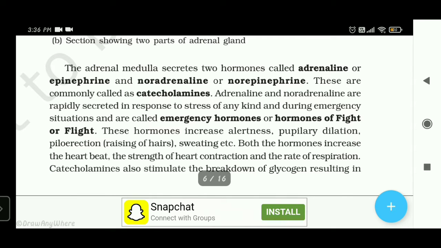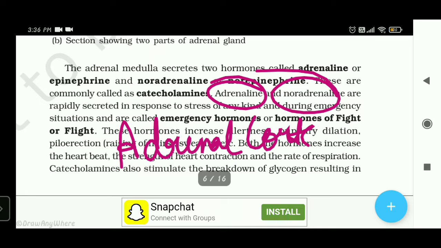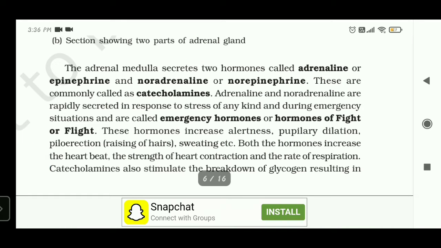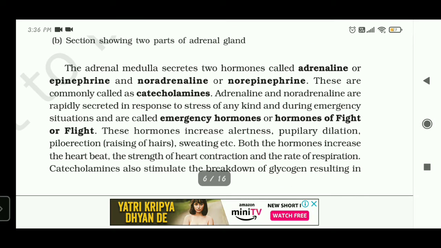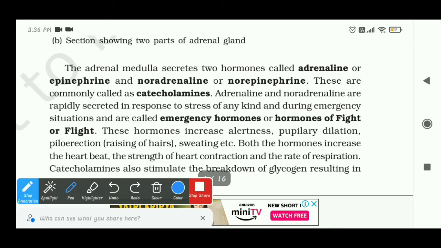Adrenaline and noradrenaline are rapidly secreted when we have to respond to some emergency situation, or when we have any kind of stress.